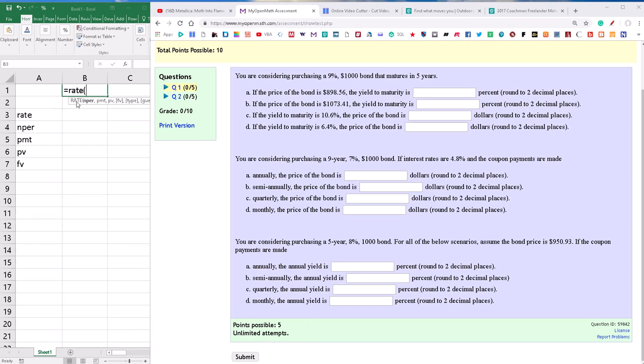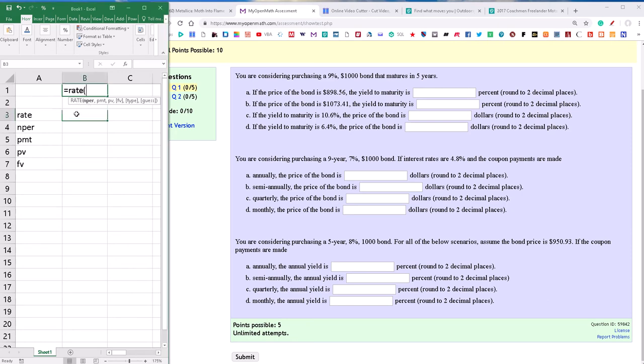Now the really cool thing is, if I would have typed equal NPER instead, let me show you. The reason why I like this so much is because if I type this instead, I get the number of periods function, which has inputs rate, payment, present value, future value.